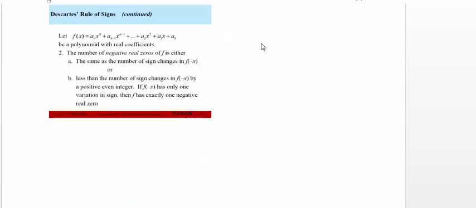Okay, so let's remember that f of x is negative 3x cubed plus 4x squared minus 6x plus 8. And we need to look at f of negative x. So we're going to replace every x with negative x.